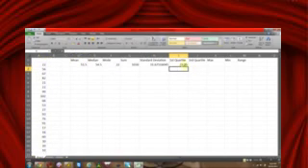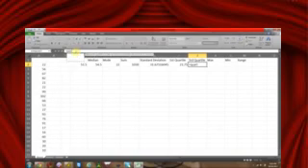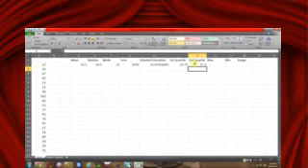Now since we're looking at first quartile here, you type in quartile, you highlight your cells, your data, and then comma, 1, end parentheses, enter. There's your first quartile. For third quartile, it's the same thing. Equal sign, quartile, start parentheses, highlight your data, comma, type in 3 because we're looking for the third quartile, end parentheses, enter. There's your third quartile.